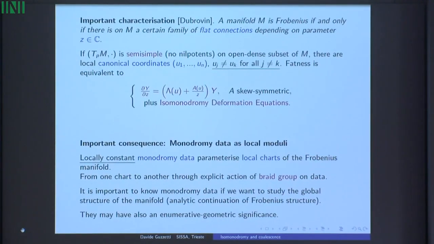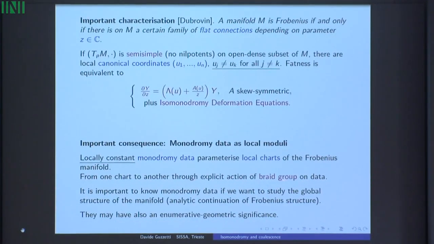In a way which is not really precise, but let me say in this way anyway, charts of the manifold can be parameterized by monodromy data. And actually, there is a way to reconstruct the local structure of the manifold just using this monodromy data in an explicit way. If you have the monodromy data, you can construct the system by some Riemann-Hilbert problem, and then from the system you can reconstruct the manifold.